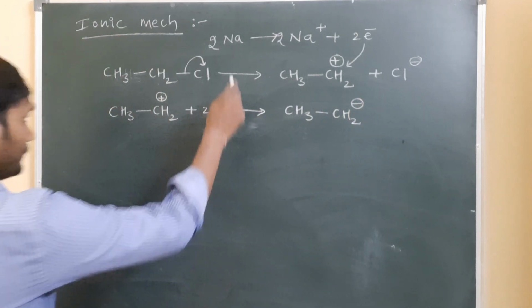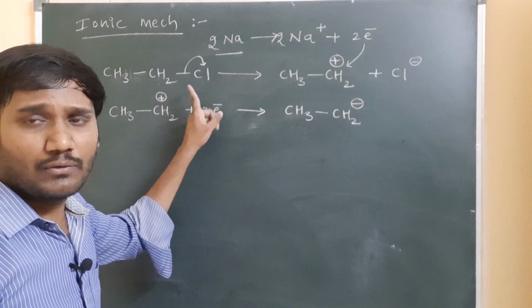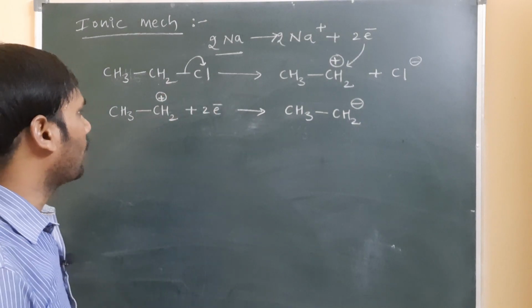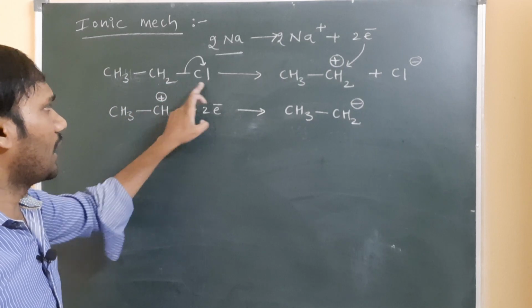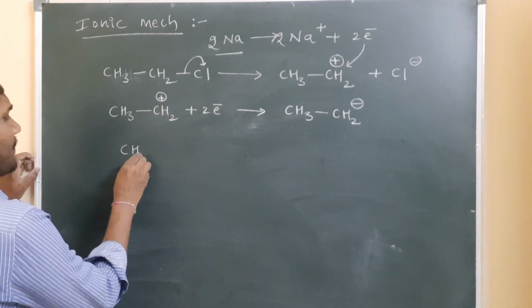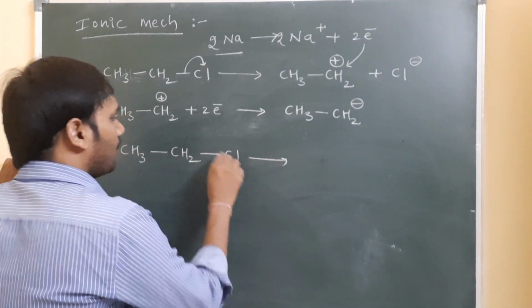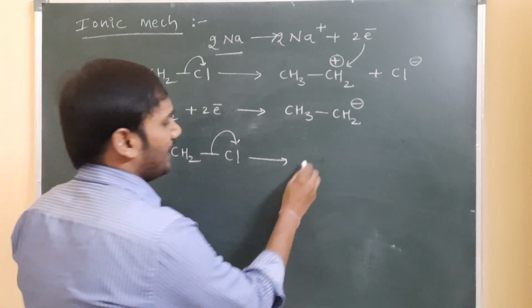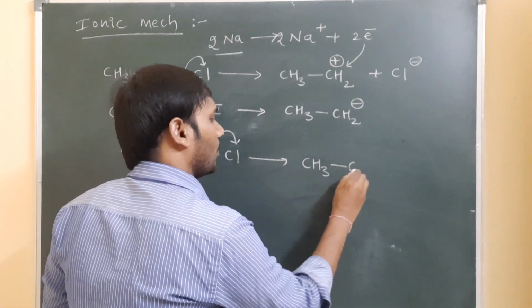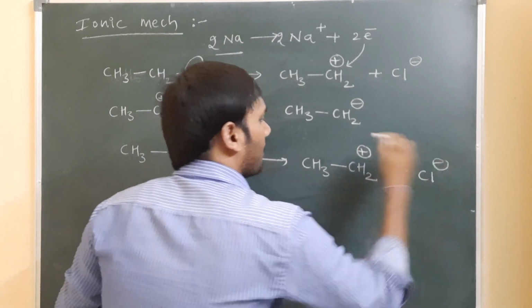Let us see here. We took 2 atoms of sodium, so at the same time you have to take 2 molecules of alkyl chloride. Already 1 molecule of alkyl chloride is done; another molecule of alkyl chloride I am taking, that is CH3CH2Cl. Same process: chlorine, being highly electronegative, takes the electron and it is converted to CH3CH2 plus and Cl minus.